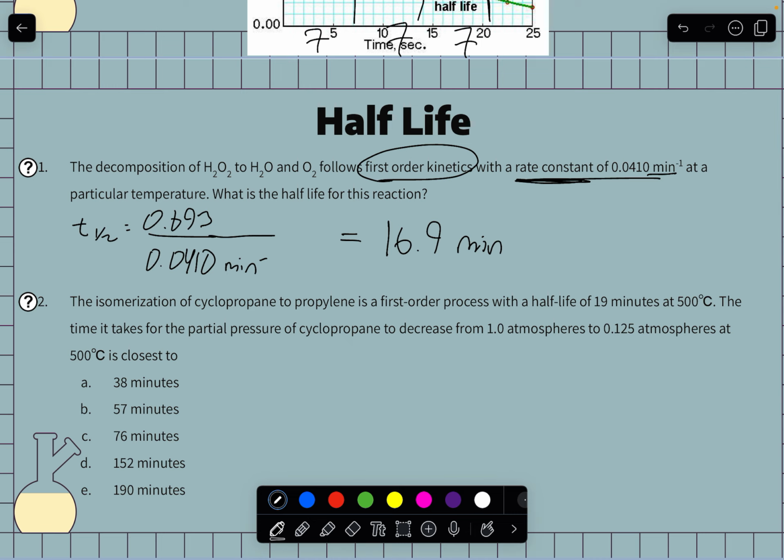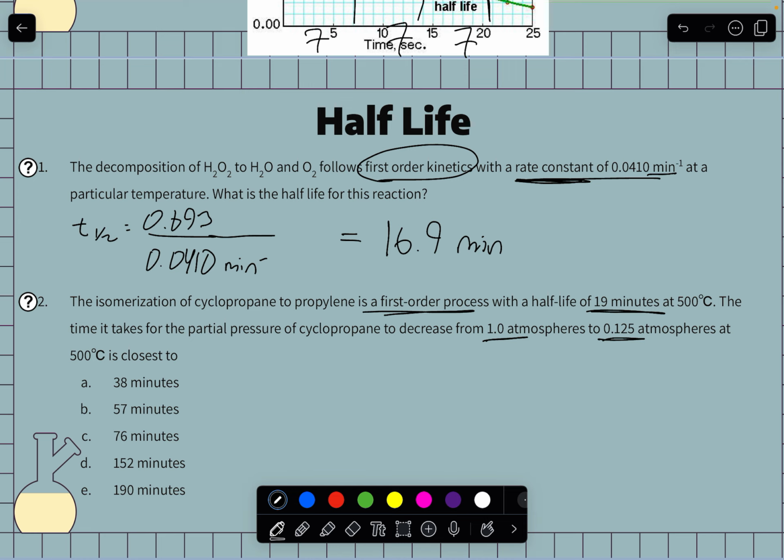For the question on the bottom, we have the isomerization of cyclopropane to propylene, a first order process with a half-life of 19 minutes at 500 degrees Celsius. The time it takes for the partial pressure of cyclopropane to decrease from 1 to 0.125 atmospheres at 500 degrees Celsius is closest to.